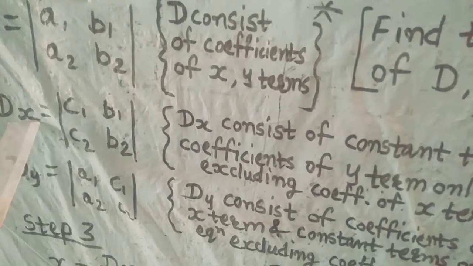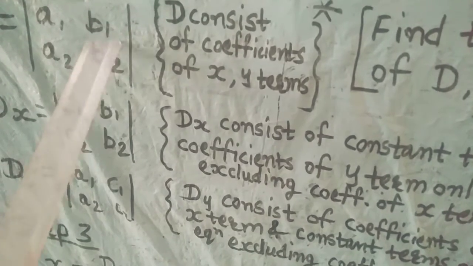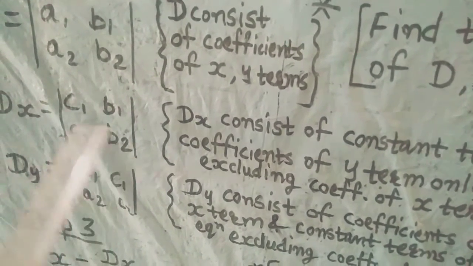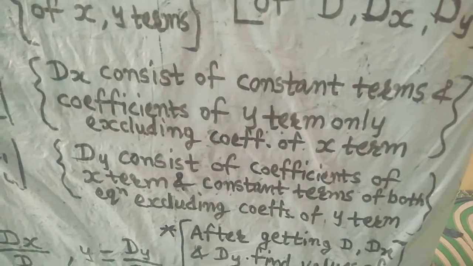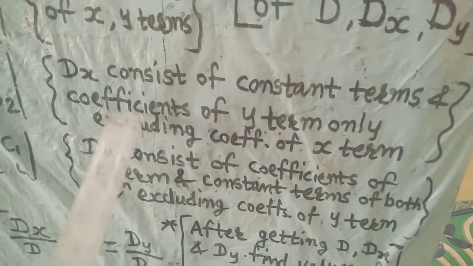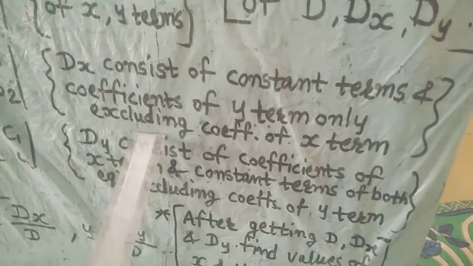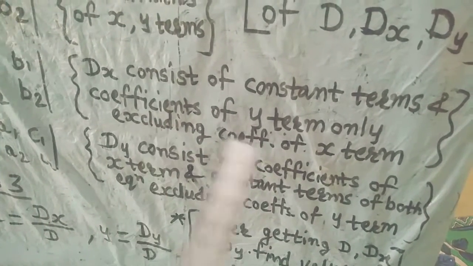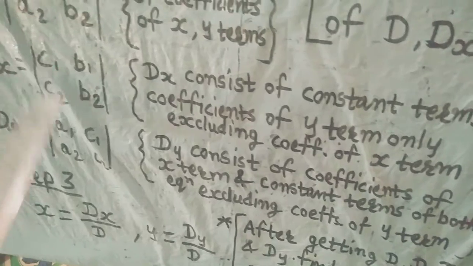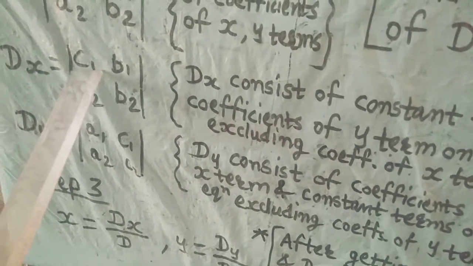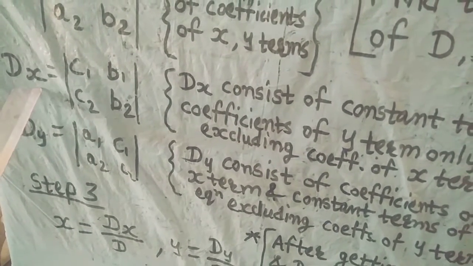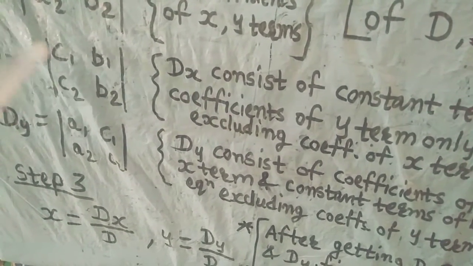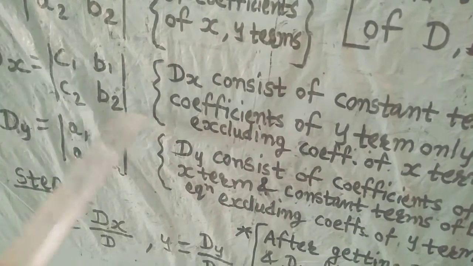So this is Dx. The values b1 and b2 remain as they are; you exclude only the x term. So Dx consists of the constant terms and the coefficients of y only, excluding the coefficients of x. Again, you get the value of Dx by doing the calculation.